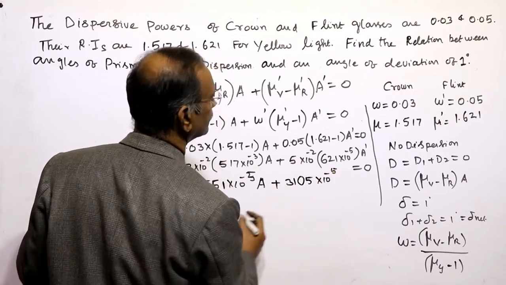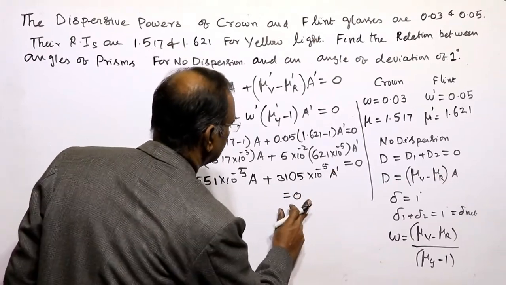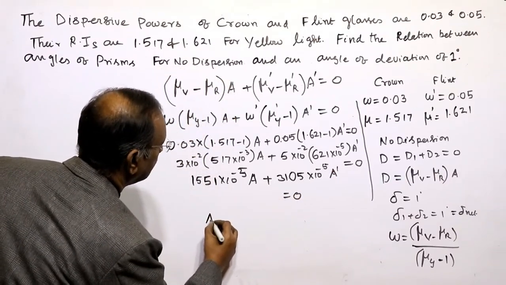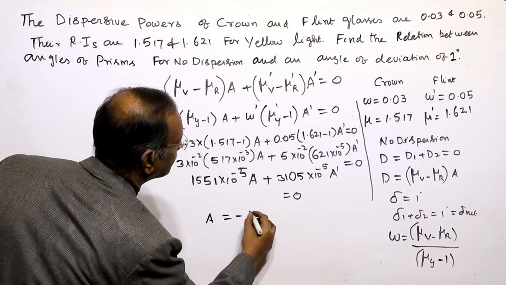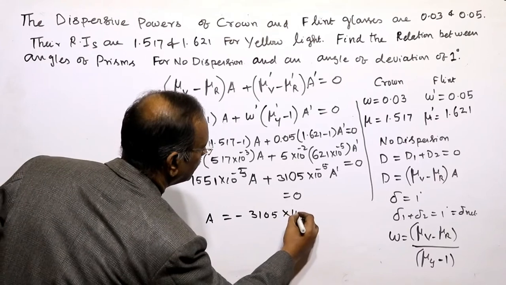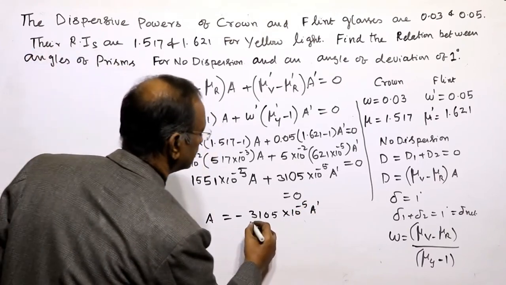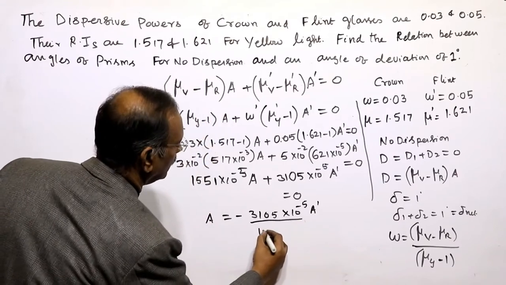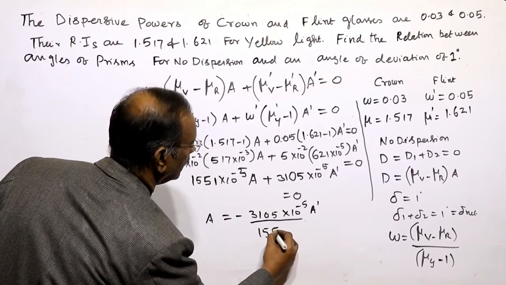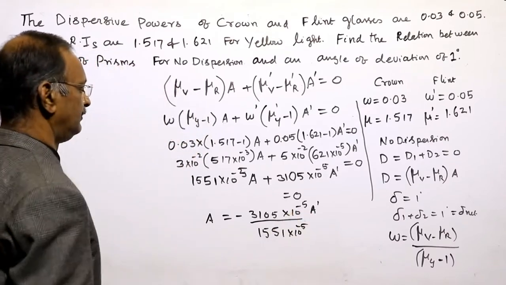Therefore, A is equal to minus 3105 into 10 to the power minus 5 A dash divided by 1551 into 10 to the power minus 5.